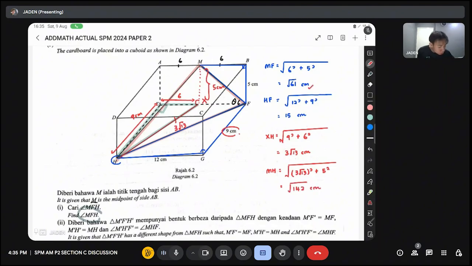So this is your first three lengths of the triangle MFH. Let's just recreate the triangle here.